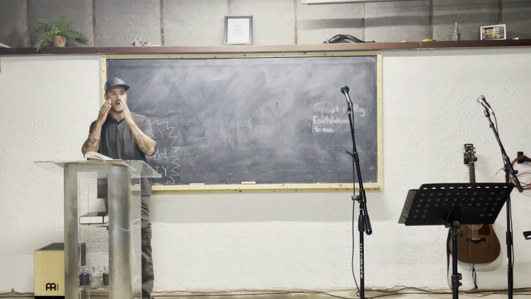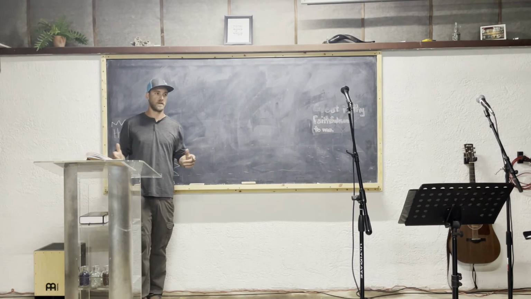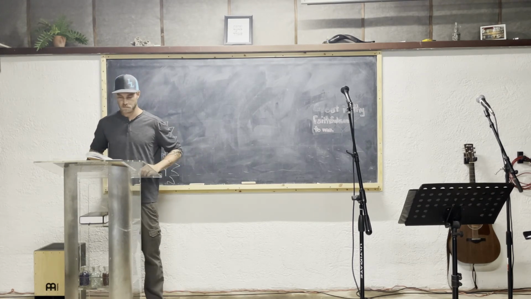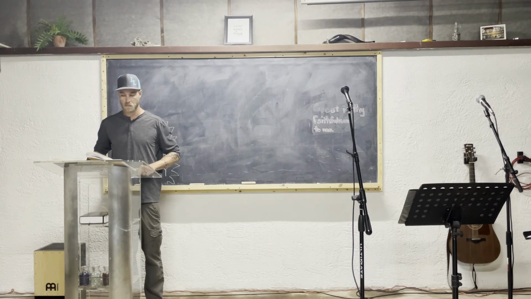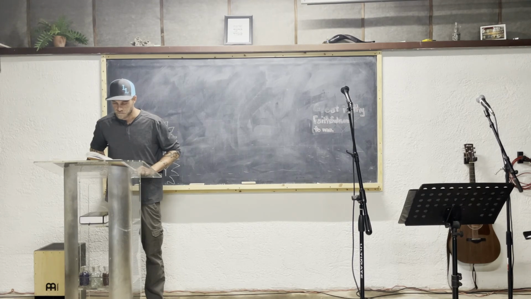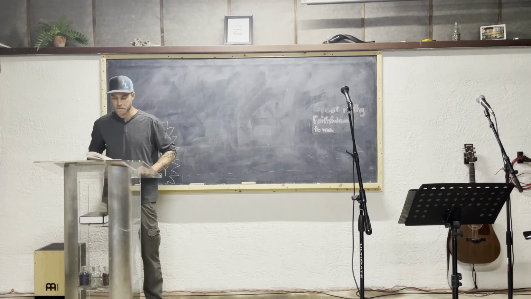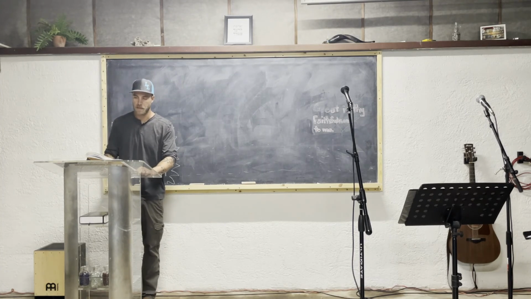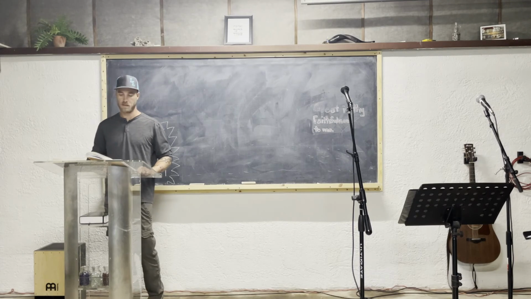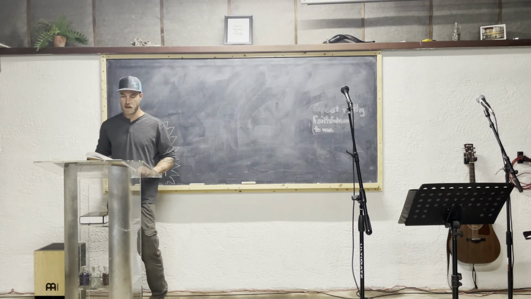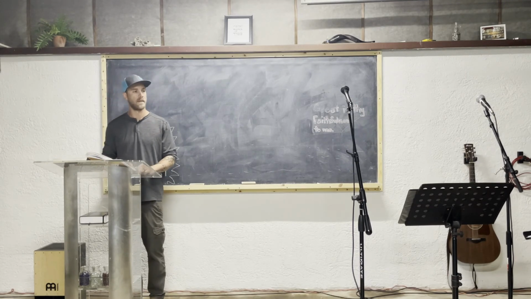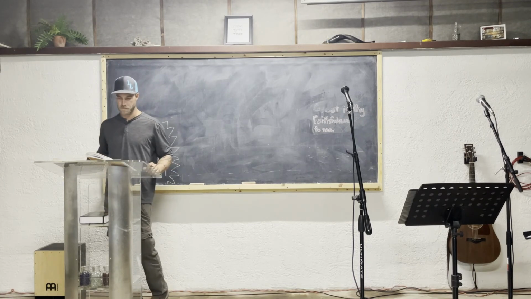Panim is face, or it could also be faces. Did you say the word above eye? Oh no. Ayin, okay. Let's see. A nine, and ain. Ayin, a nine, ain.